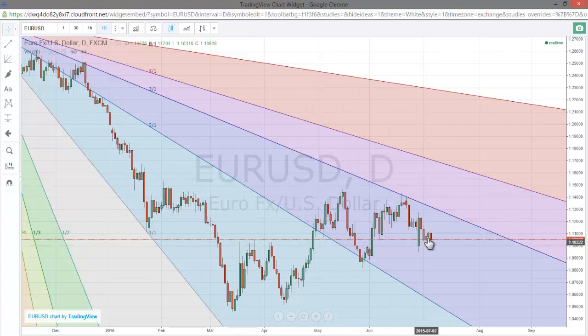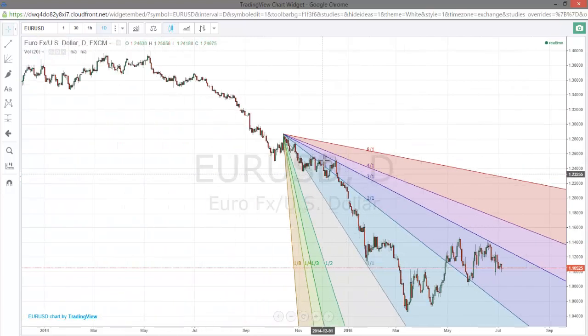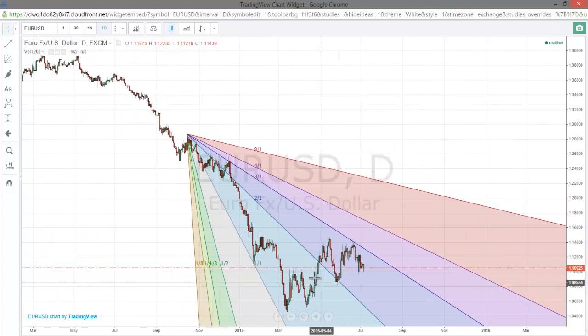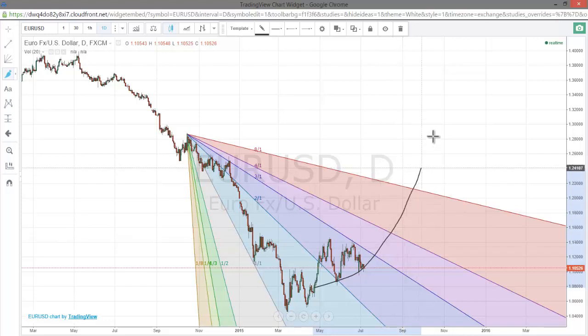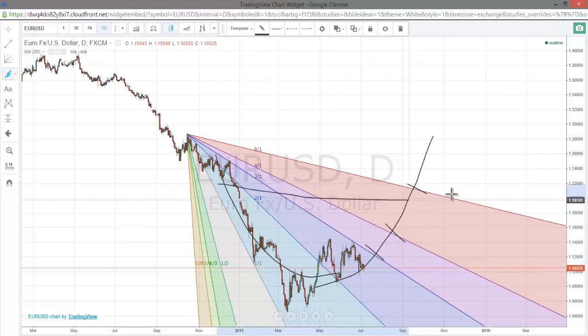As the price breaks these barriers, you would start thinking that the trend is changing. And this is the thing with Gann numbers. When the price starts to move up across here, and it breaks and breaks and breaks, the trend becomes more flat, and then it's showing you an up movement there.